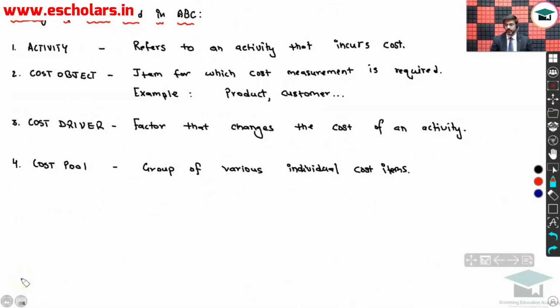Now we'll see the meaning of some important terms which are used in this chapter of activity based costing system. The first term is, what do you mean by activity? An activity refers to something that incurs cost. So an activity is something which has some cost associated with it.